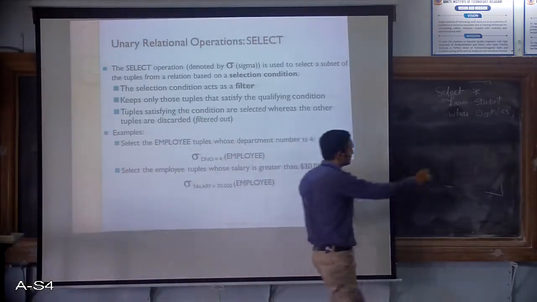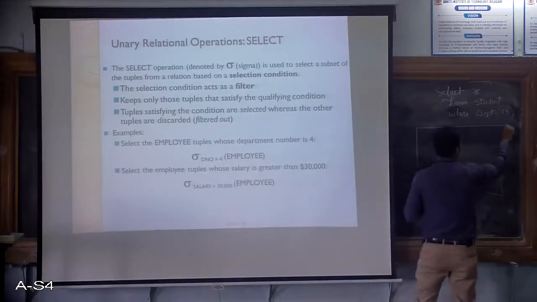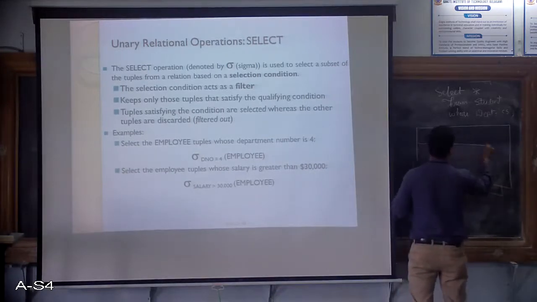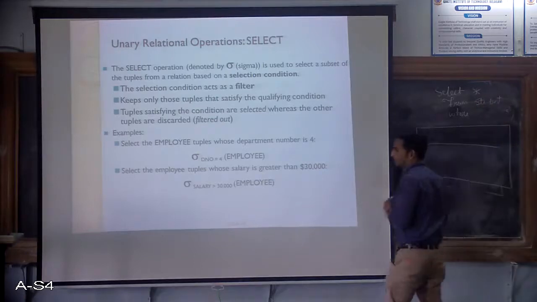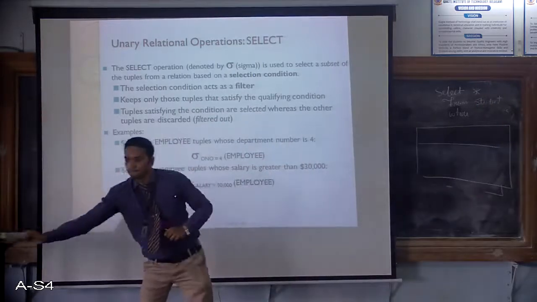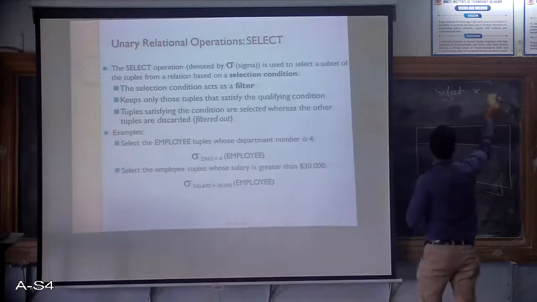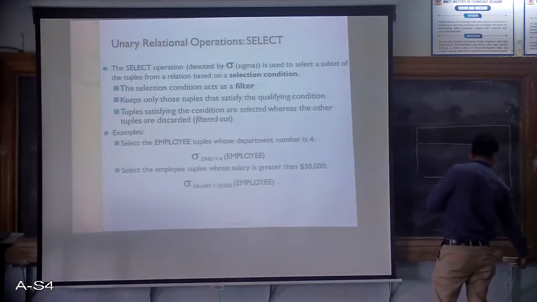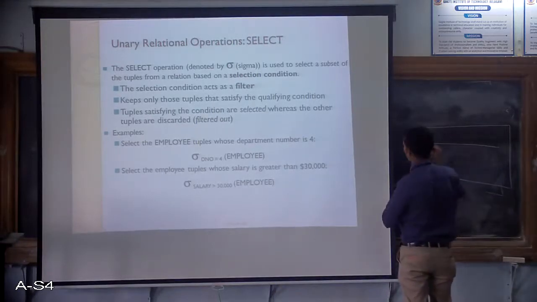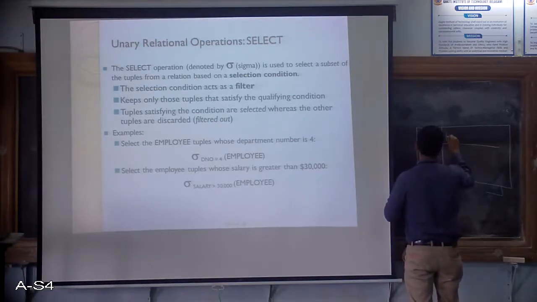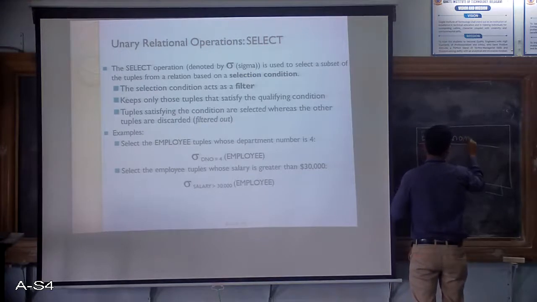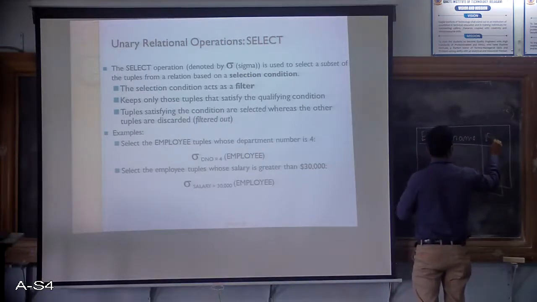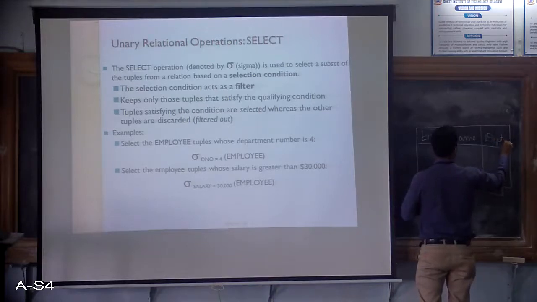They have taken this. I'll write the same here itself. Assume that this is a table. We'll work with the same example here. They are talking about employee. So I'll just say employee number, employee name, his department number, DNO.